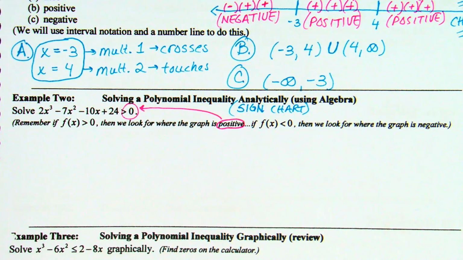Now, since we're doing this algebraically, we're not supposed to be using the calculator necessarily. We may use it to help us along in one part, which means, okay guys, think back to what we've been doing. How do we find these zeros? This one doesn't have the parentheses in it.